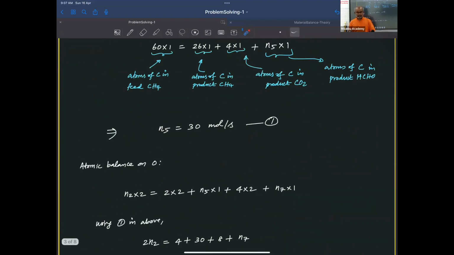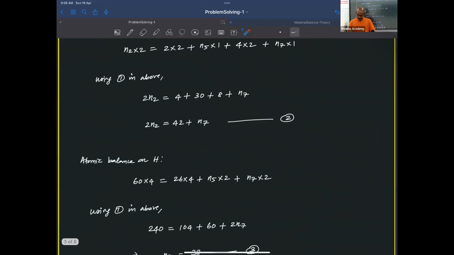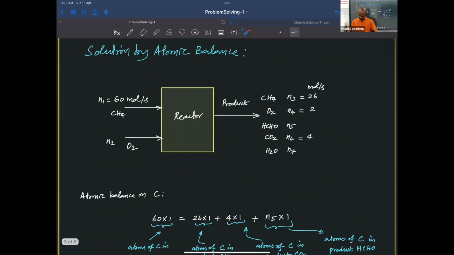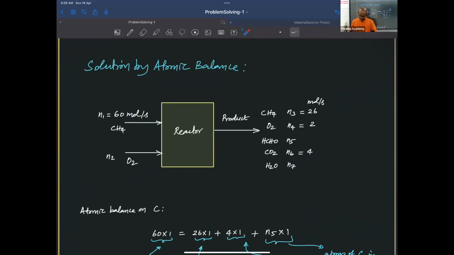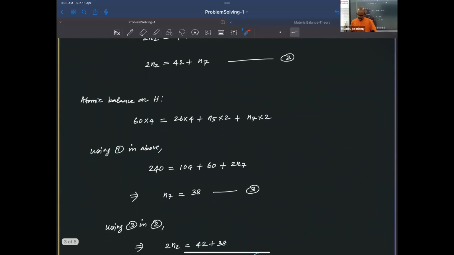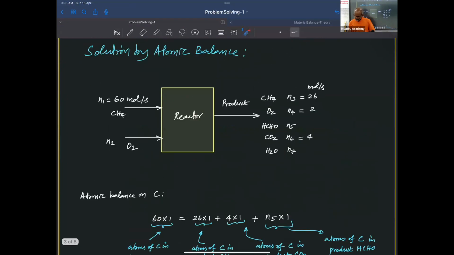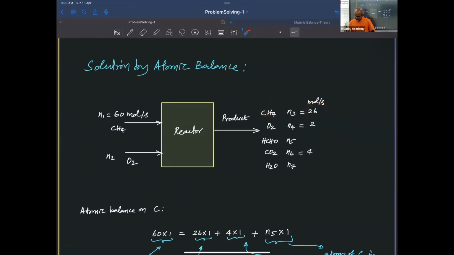And what other balance can we write? We can also write a balance on H. How much H is entering? For 60 moles, we have 60 into 4 H atoms entering because of methane. And how much of that is leaving? 26 into 4, and N5 into 2, correct?